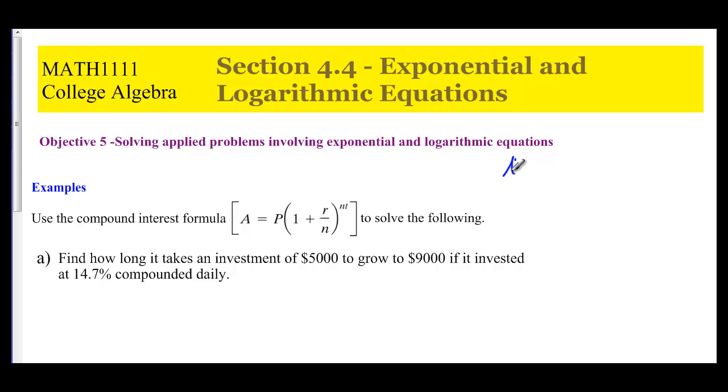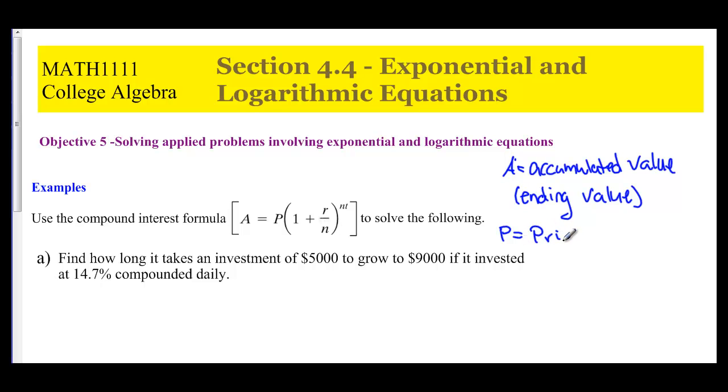So A is the accumulated value, or that's the same as the ending value. The P is your principal, and that's the same as your starting value.